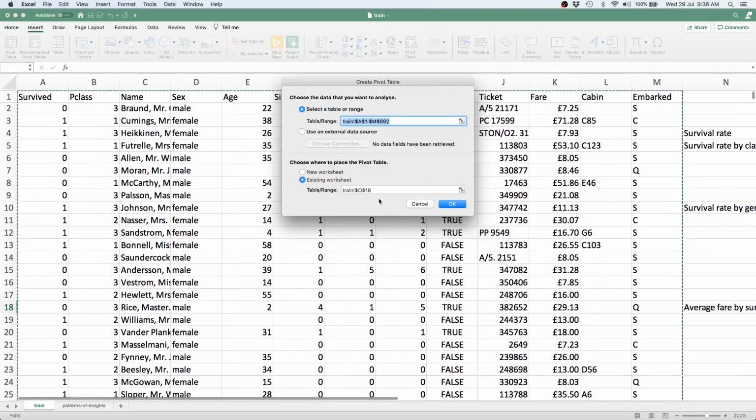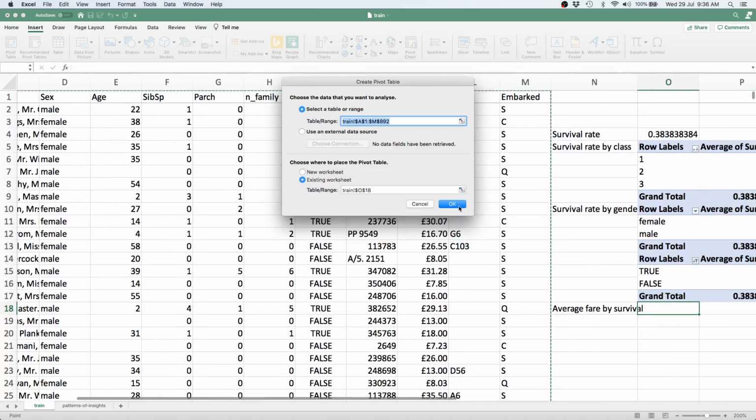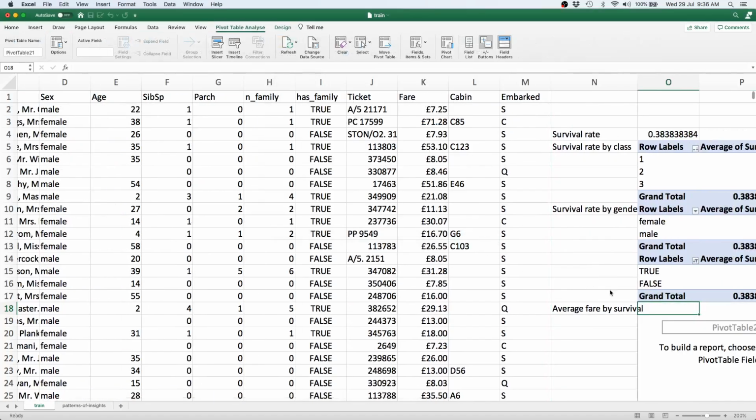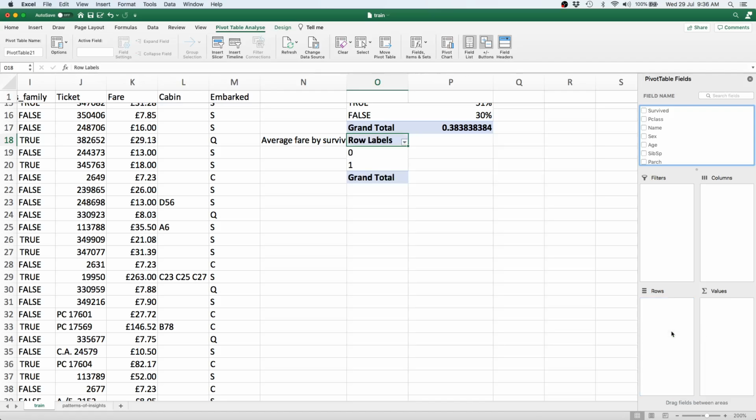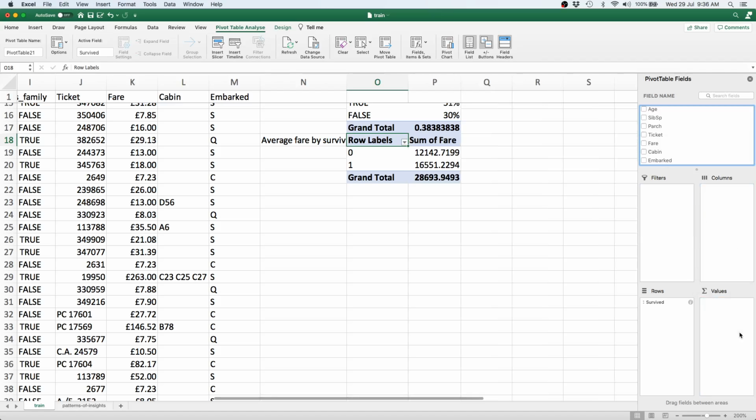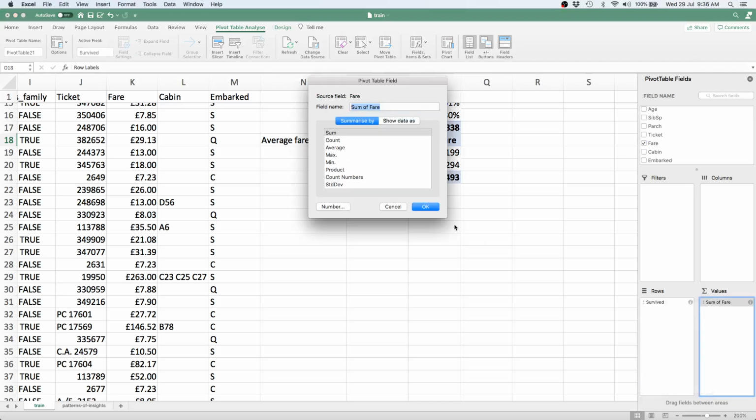So here's the selection and we want to place the result in the cell O18, and we click on OK. And here what we want to do is have the survived factor as our rows, and the fare factor in our values. And here we have sum of fares. Again, let's change that to average fares.